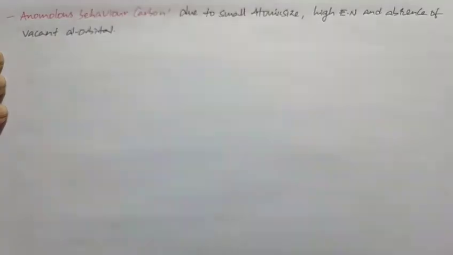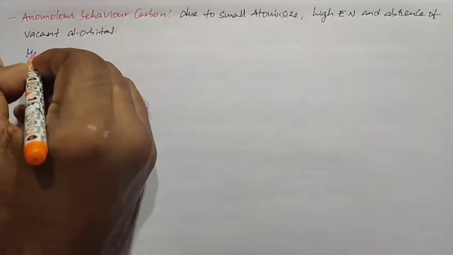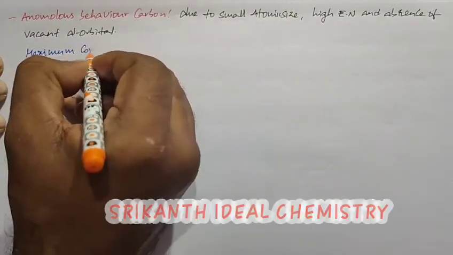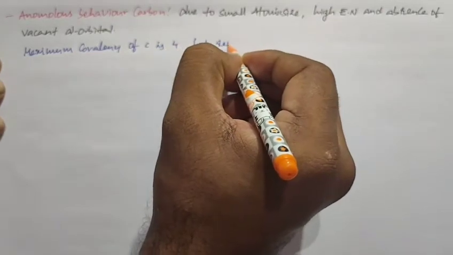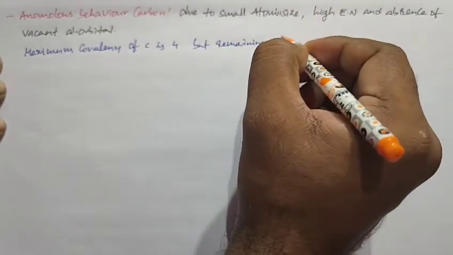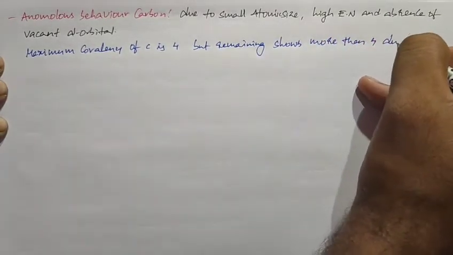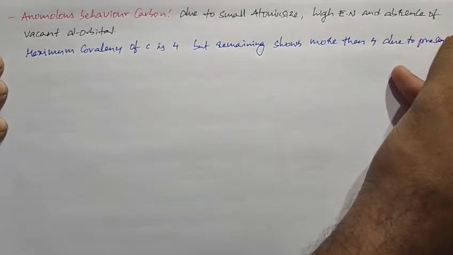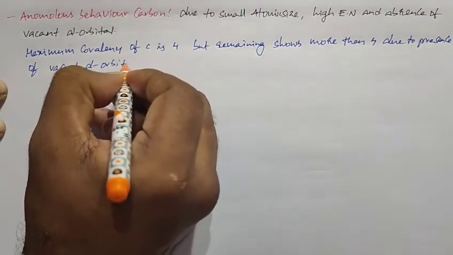Okay, here I want to discuss some points. Carbon shows a maximum covalency of 4, but the remaining elements show a maximum covalency of more than 4 due to the presence of vacant d orbitals.